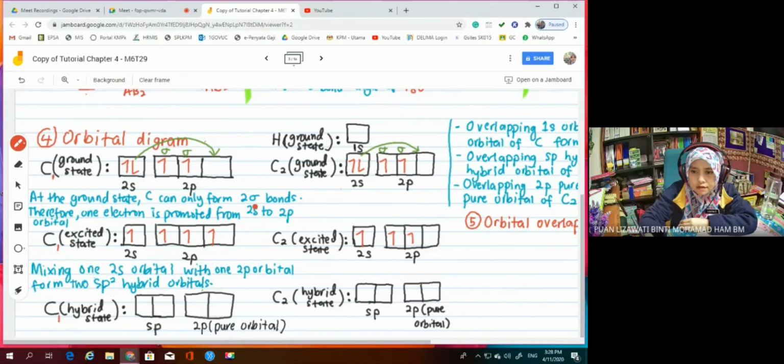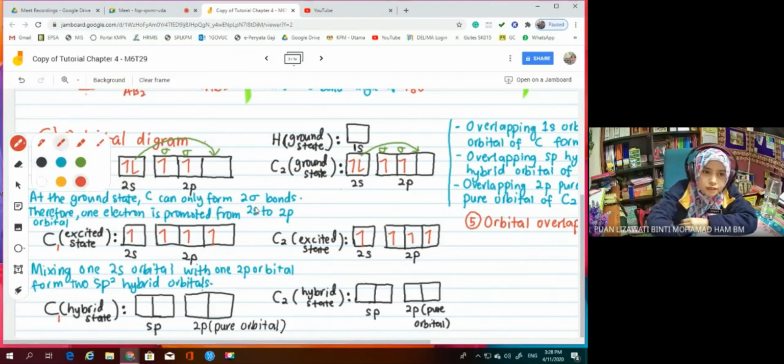Okay, and all these electrons are unstable. So mixing one 2s orbital with one 2p orbital, it will form sp hybrid orbitals, 2 sp hybrid orbitals. So we draw the electrons at the hybrid state.